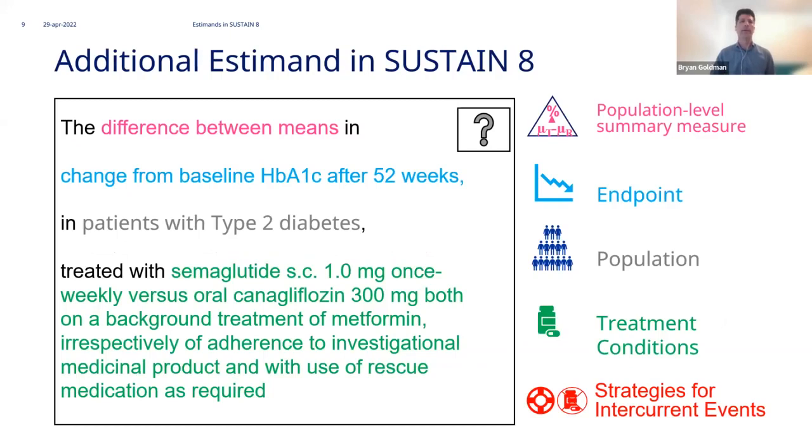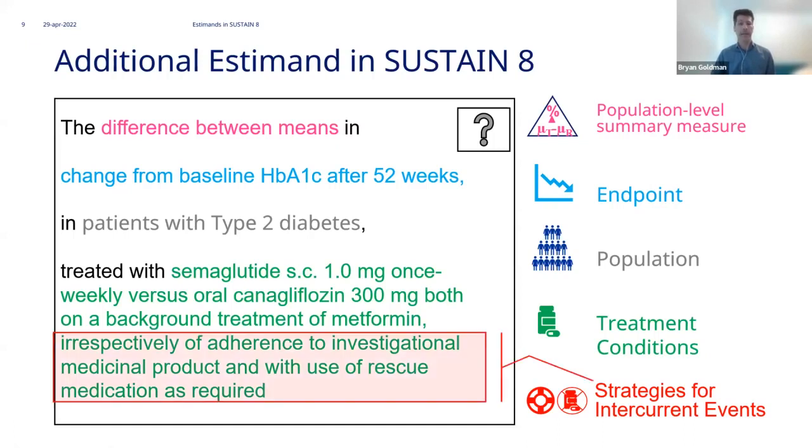And so thinking about this additional estimand in terms of the 5 components, the first 4 components are exactly the same. And it was only the last part, if you click once more, the strategies for intercurrent events, where now we're interested in the treatment effect, irrespective of adherence to investigational medicinal product, and including use of rescue medication as required.